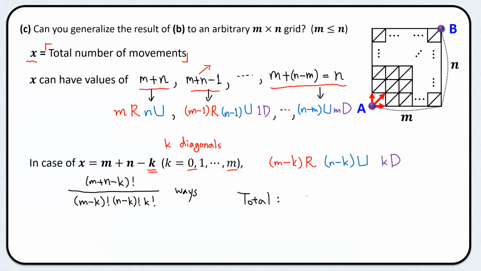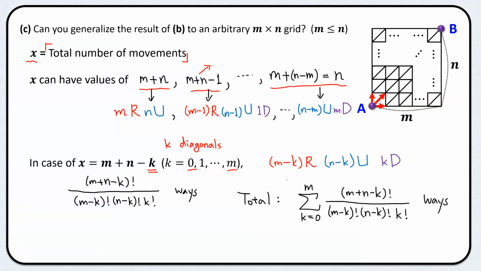The total number of ways can be obtained by adding up this term from k equals 0 to k equals m. So we have this sigma of (m plus n minus k) factorial over (m minus k) factorial, (n minus k) factorial, k factorial ways.